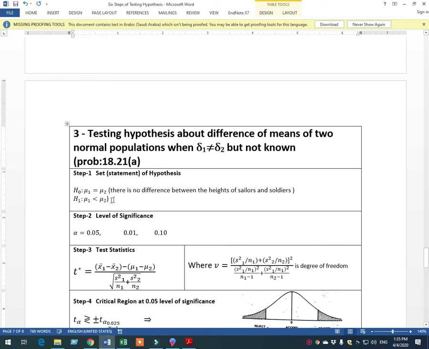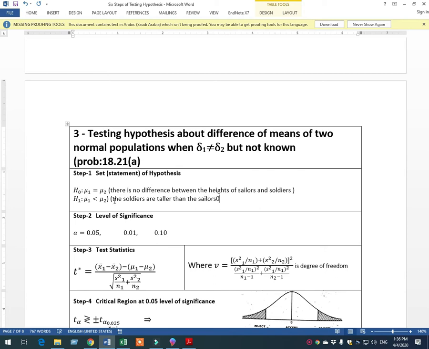Let me explain this alternative hypothesis in descriptive form as well. The soldiers are taller than the sailors.